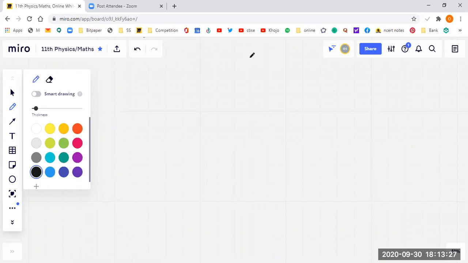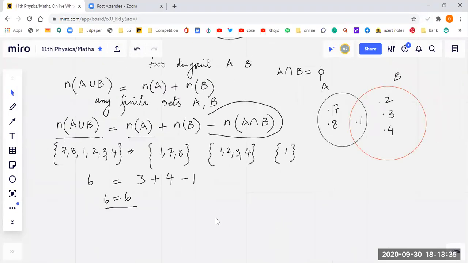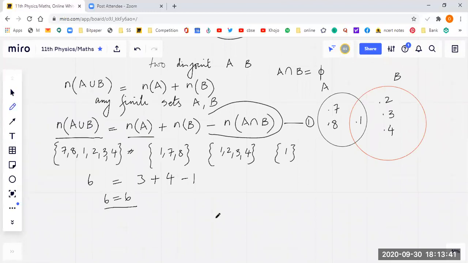Once again, this is very important. This is my first formula.